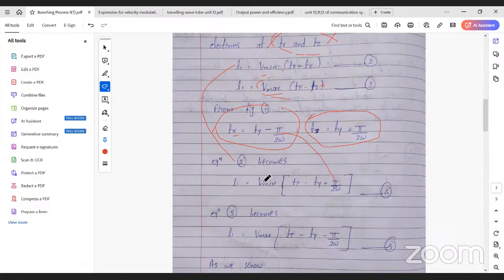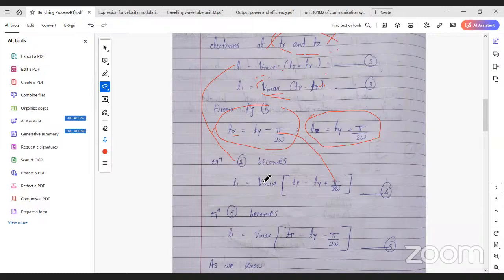Ma'am, in the textbook it is different, ma'am. Tp minus Ty, Tp minus Tx, Tp minus Tz.